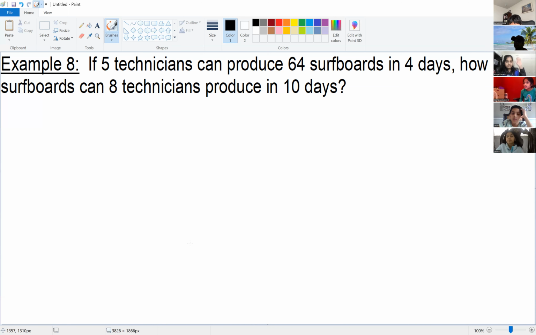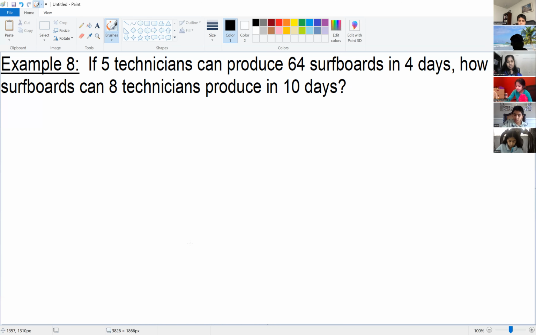Leo? So what I did was I figured out how many surfboards one technician could do. First I did 64 divided by 4 to find out how many surfboards 5 technicians could produce every day. I got 16.